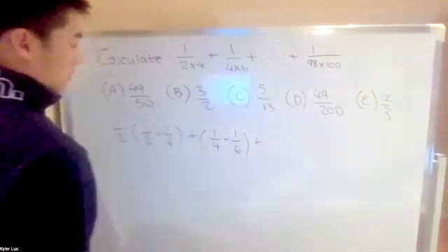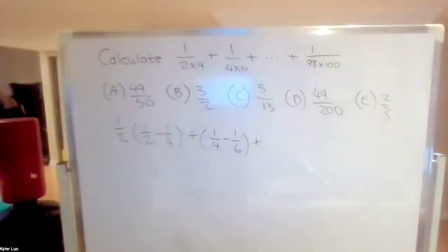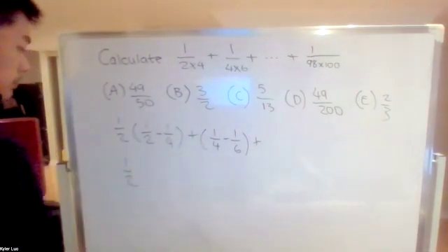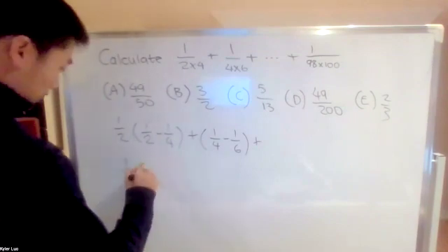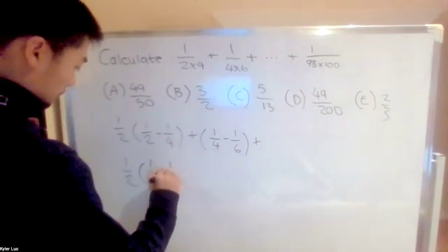And now we can rewrite it as 1 over 2 times, in brackets, 1 over 2 minus 1 over 4.